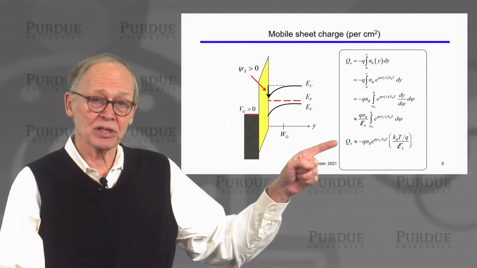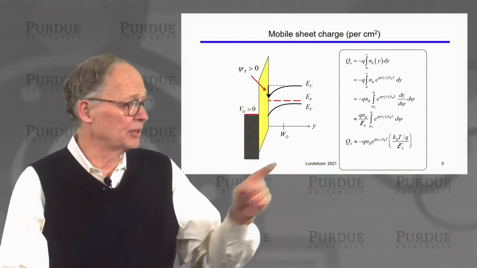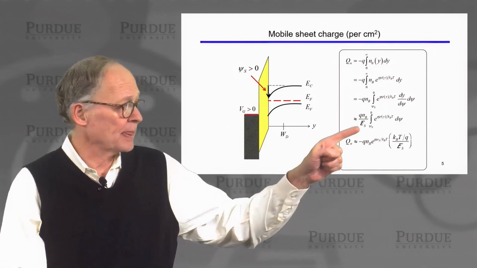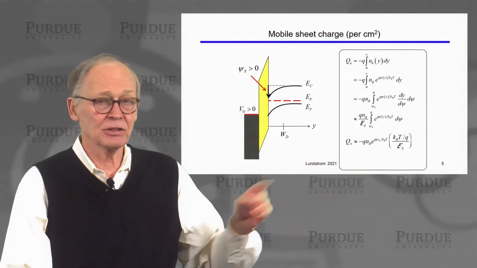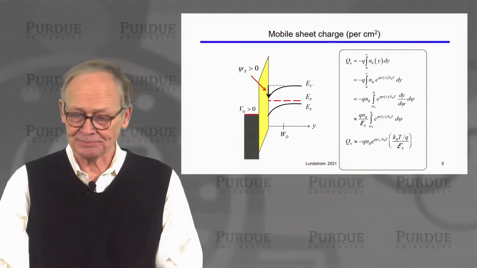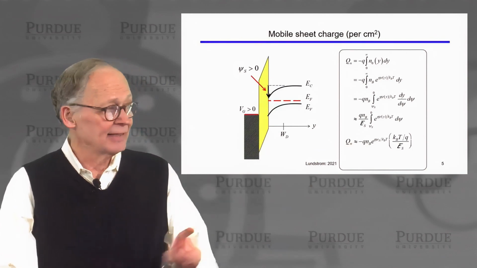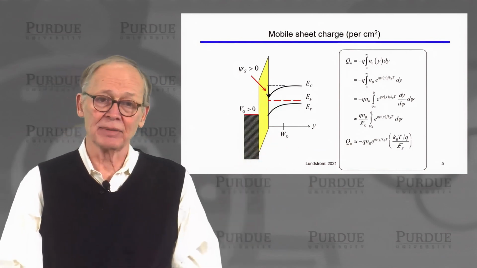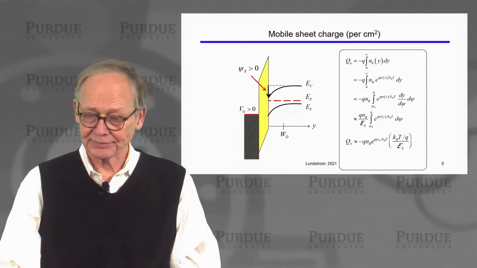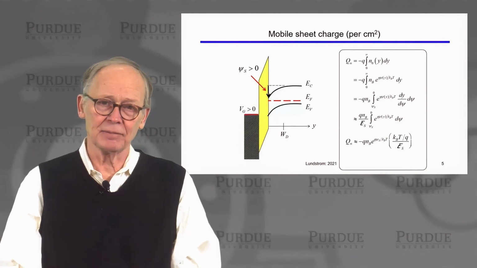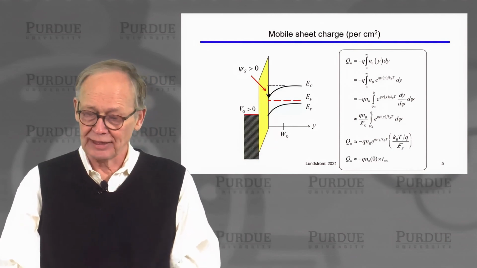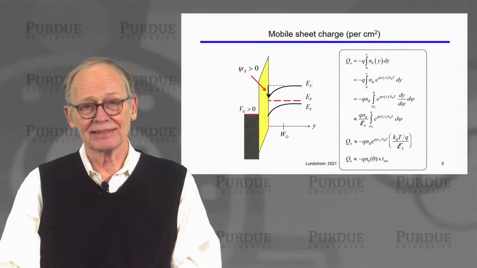The mobile charge per square centimeter in the semiconductor is minus Q times the electron density in the bulk, Ni squared over Na, times e to the Q surface potential over kT, times kT over Q divided by the electric field at the surface. If you look at that quantity in brackets, you can see that it has the units of distance.